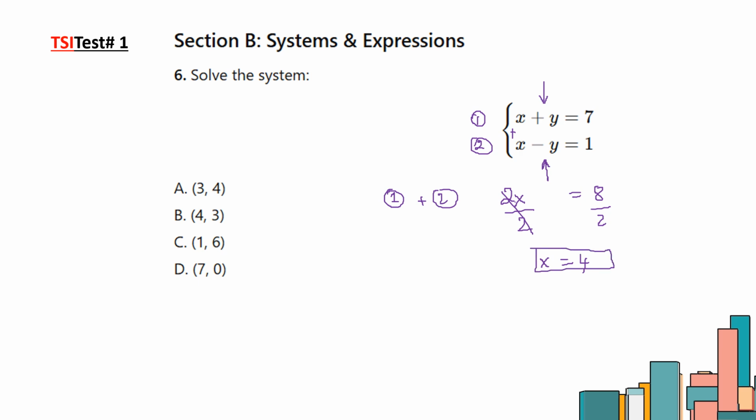When x equals 4, you see that B is most likely the right choice, but we're just making sure, so we plug 4 into the first equation. We have 4 plus y equals 7. Now we subtract 4 from both sides, and we have y equals 3. So x equals 4, y equals 3. In an ordered pair, x comes first, so 4 comma 3. Okay, so B is the correct answer.